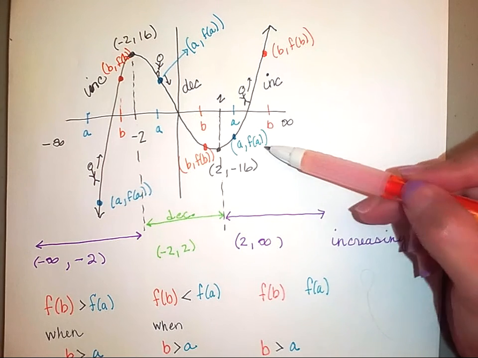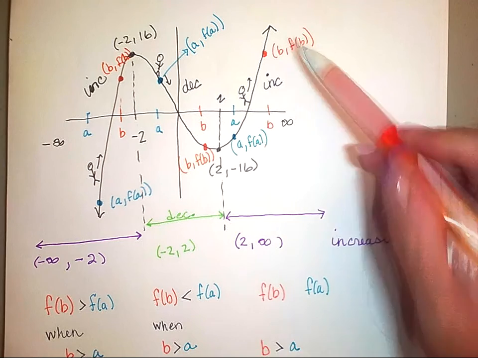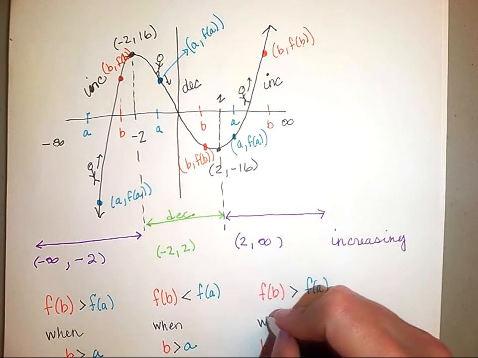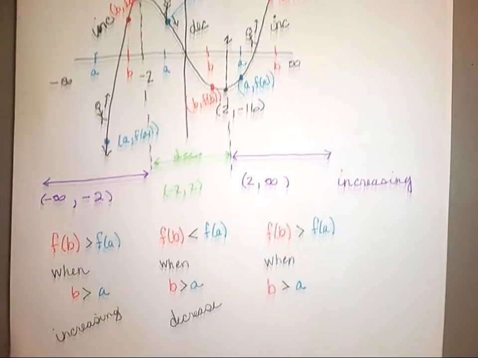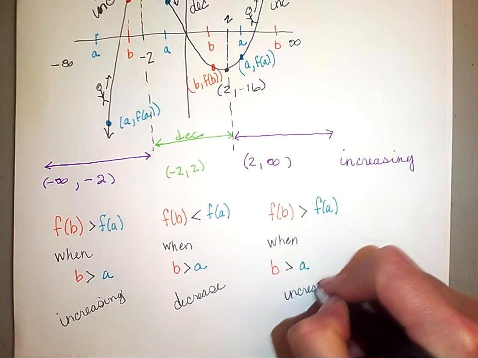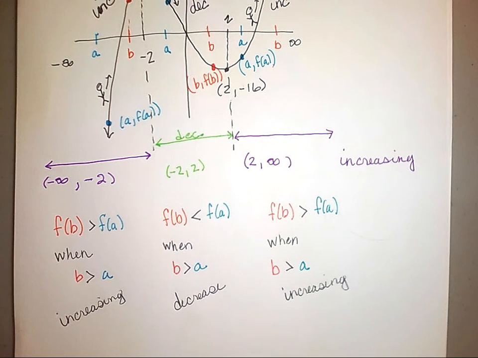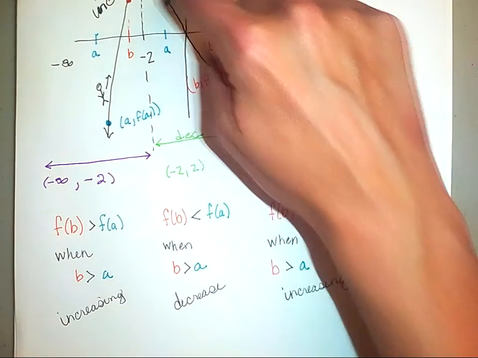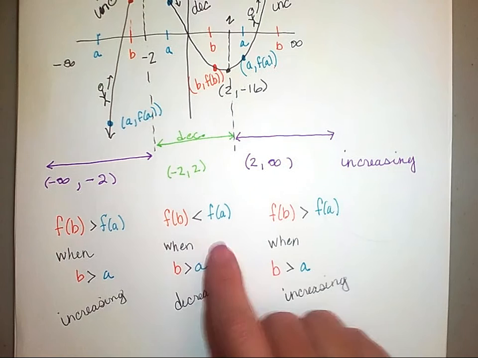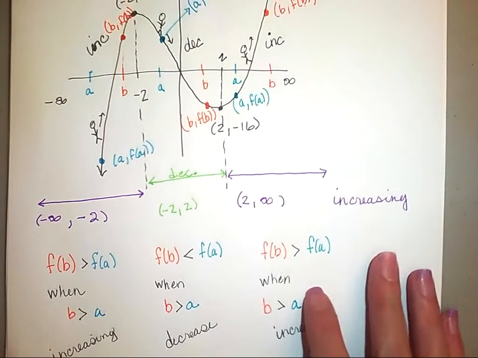So here is the point A now and the function evaluated at A. And up here we have B and the function evaluated at B. So how is it that f of B compares to f of A? In this case, f of B, if the function is increasing, is again greater. And that is what we said over here.